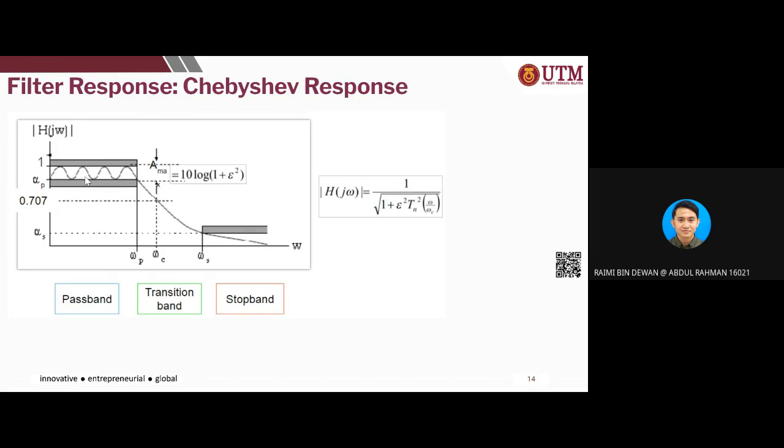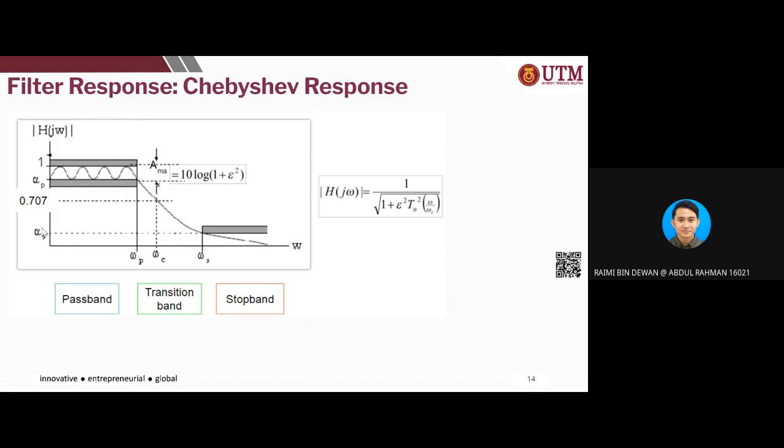We have ripple here, between the maximum to here. This is your pass band gain. The range here we call A max, A MAX. So A max actually equals 10 log of (1 plus epsilon squared).